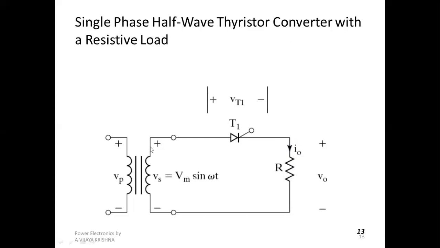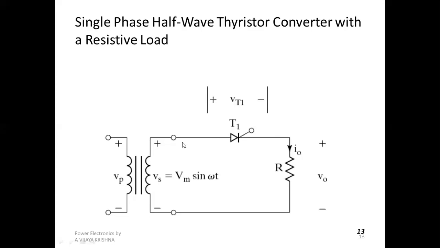Whenever you switch on the supply, a sinusoidal AC supply waveform is applied. During the positive half cycle, the thyristor has its anode and cathode, and the dotted terminal is the gate terminal.